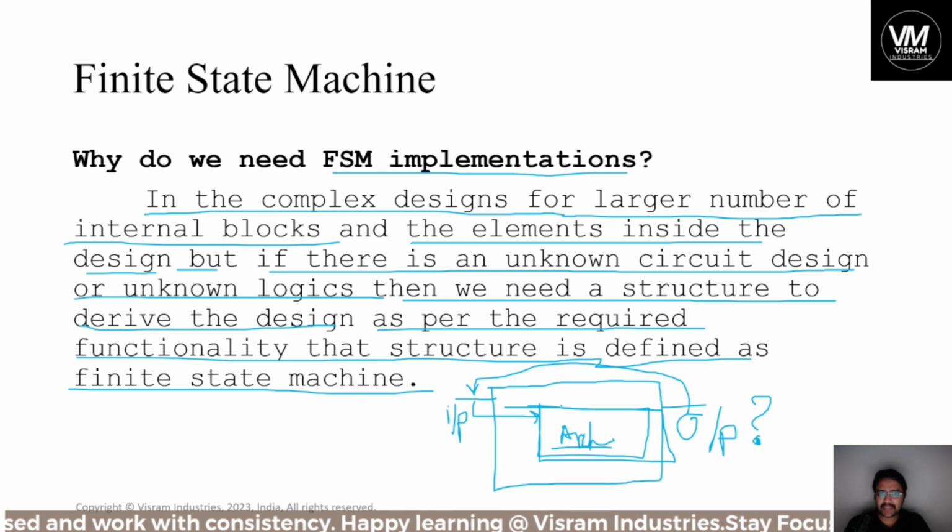In the same way, we have some gray area where we don't know the hardware realization in the larger circuit or larger implementation of the project design. For such larger applications on the FPGA chip, we make an FSM implementation such that this unknown hardware is turned into a known structure. Got it, guys? That is what FSM implementation is.